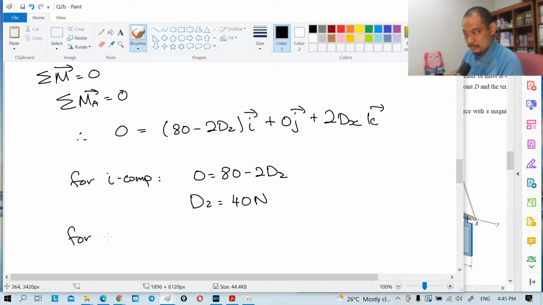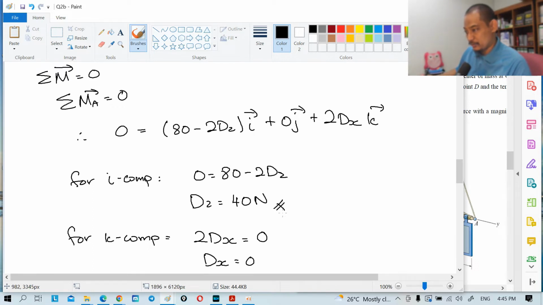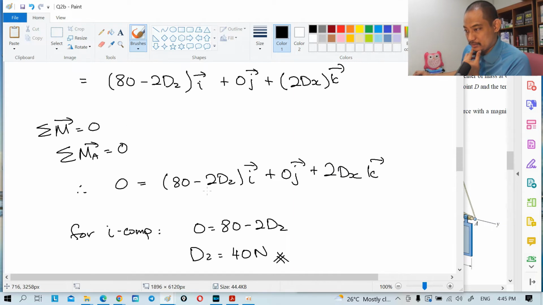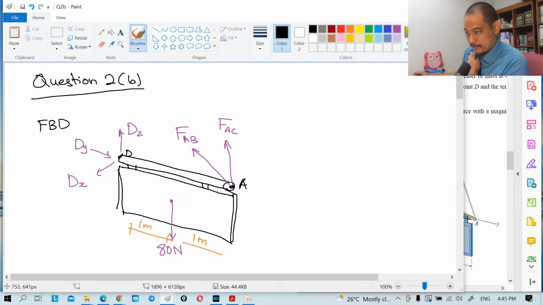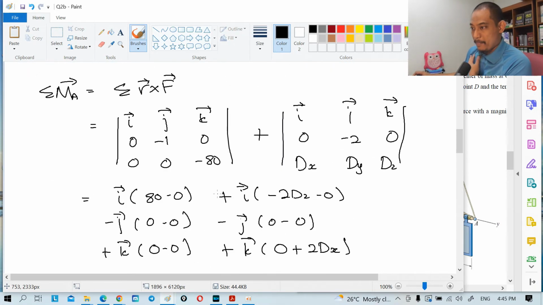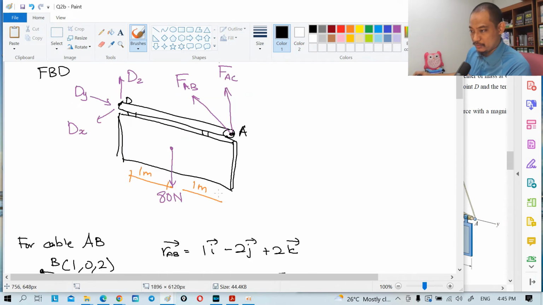For K component or Z component, because Y component or J component there's 0 there, right? So you get 2 dx equal to 0, so dx equal to 0, right? So this is already an answer. Given that this is 0 and 0, of course we do not know yet about dy, right? Dy is not known yet, but this one is known, then we can solve for the rest, right?